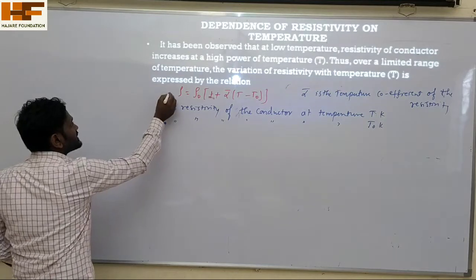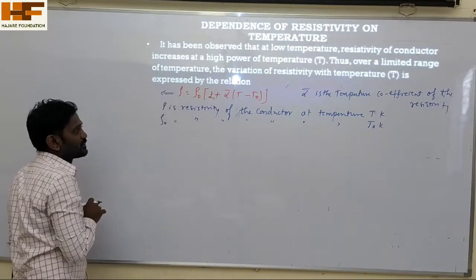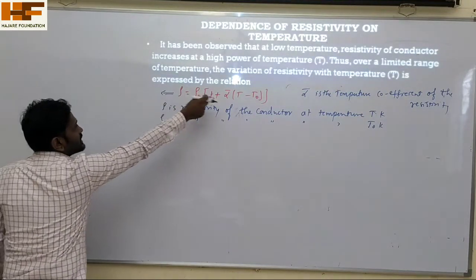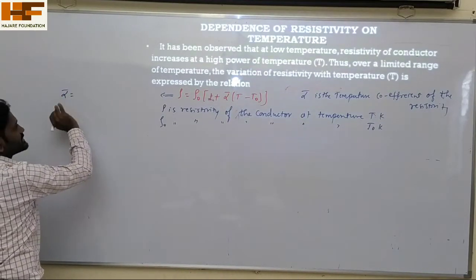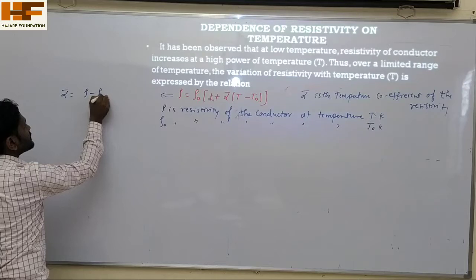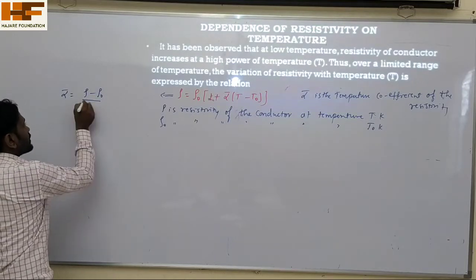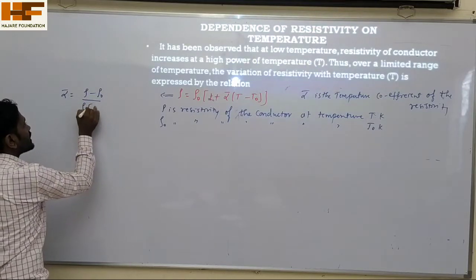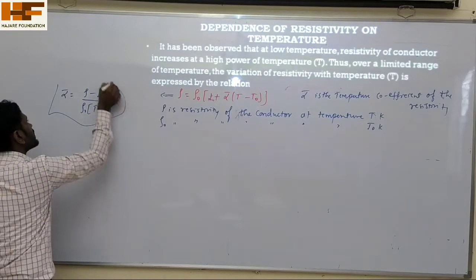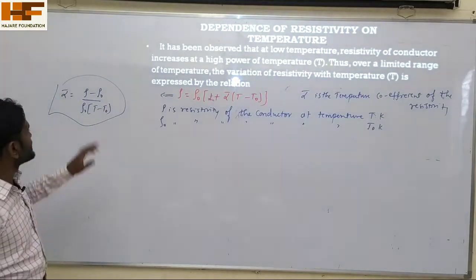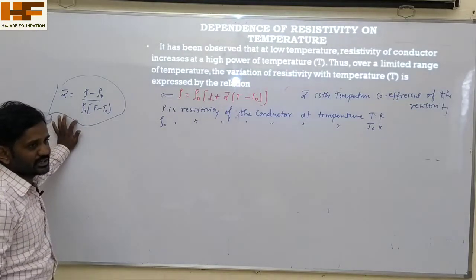Then how do we define this temperature coefficient of resistivity? Let me write this equation: alpha bar is equal to rho minus rho naught upon rho naught into T minus T naught. By using this formula, we define the temperature coefficient of resistivity of the conductor.